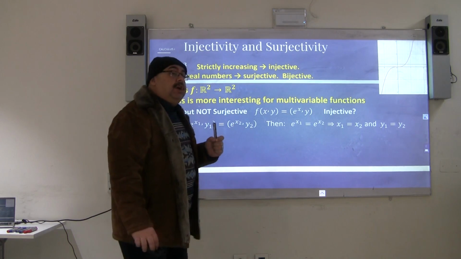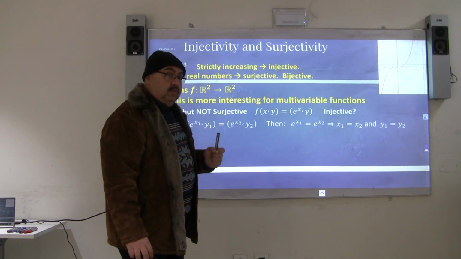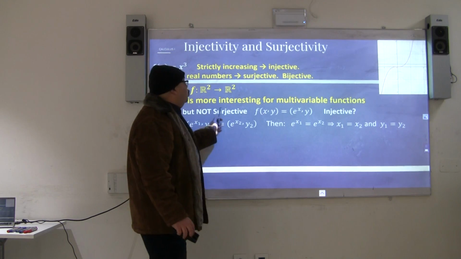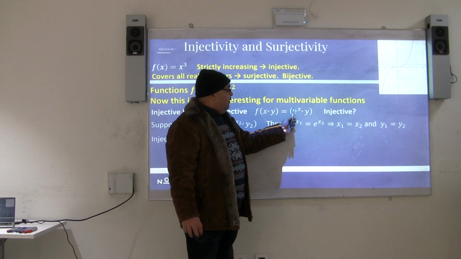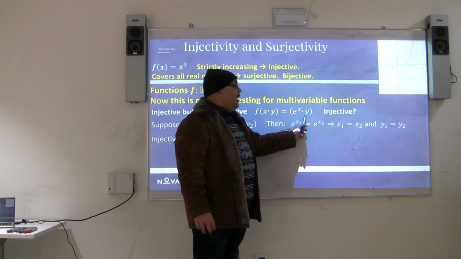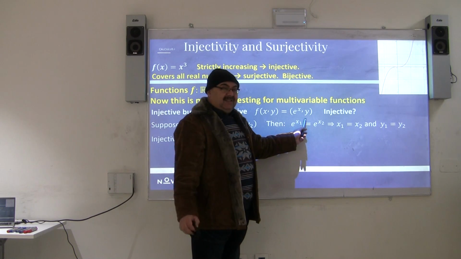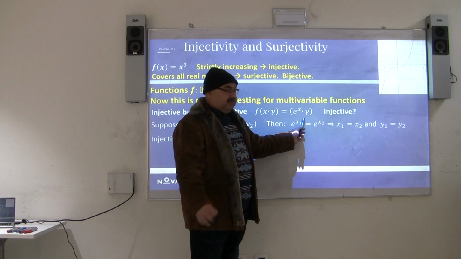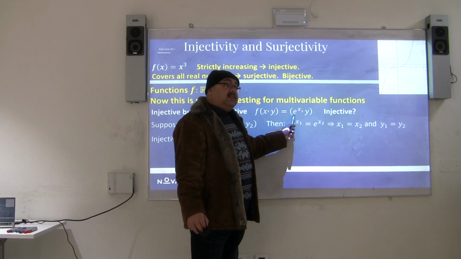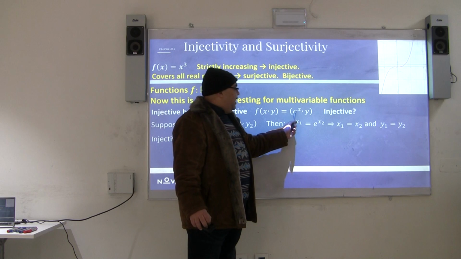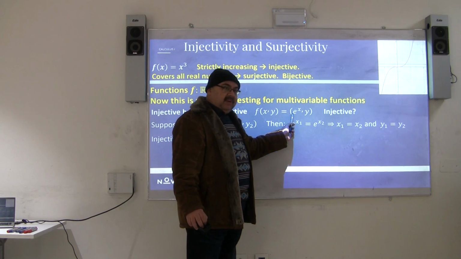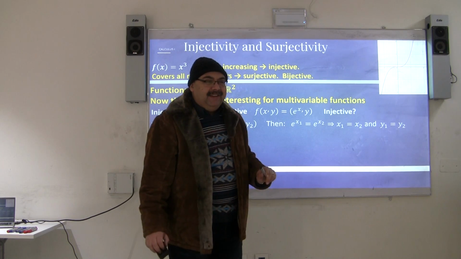Okay, is it surjective? How to know? Look at the two coordinates. It's (e to the power of x, y). The y is covered by the complete y-axis from negative infinity to positive infinity. But for e to the power of x, you already know that the outputs are only positive.